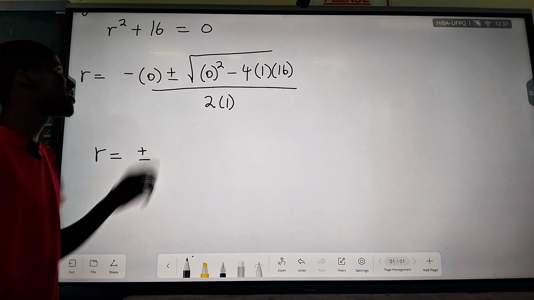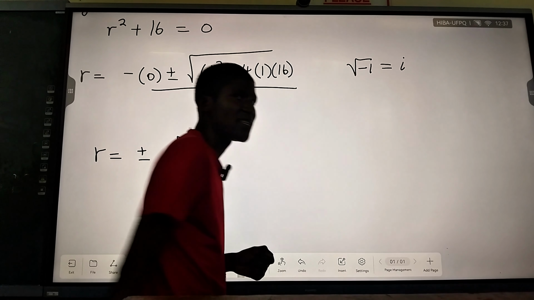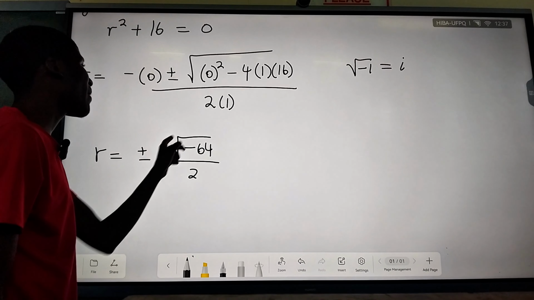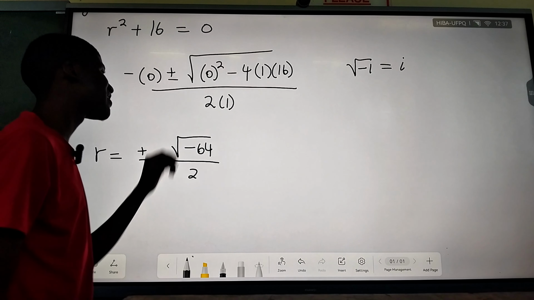We recognize that the square root of negative 1 is equal to i. So we can re-express this as the square root of negative 1 times the square root of 64, over 2. Can you split it like this? Yes, because when you are multiplying square roots, it's the same thing as multiplying their entries.